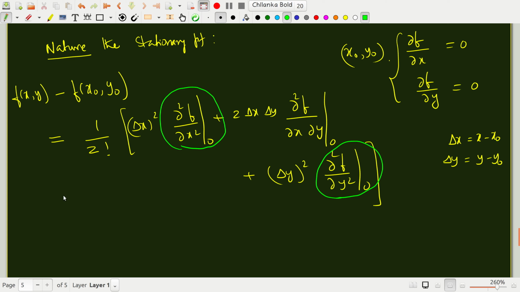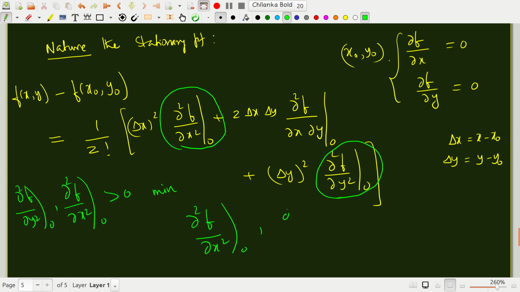So by analogy with single variable maxima and minima, you will have this for a maximum, and this for a minimum, and partial squared f by partial y squared also. If both are greater than 0, it's a minimum, and conversely, if both these second order partial differentials are less than 0, it must be a maximum.